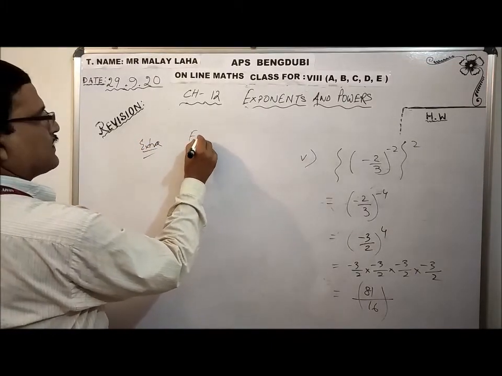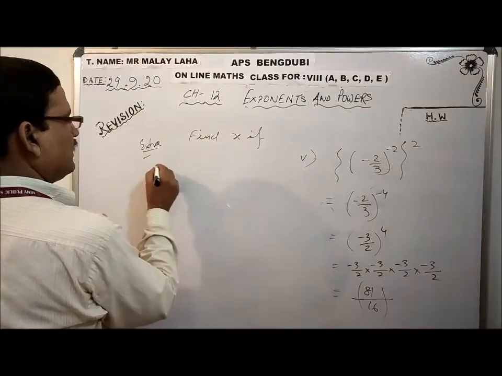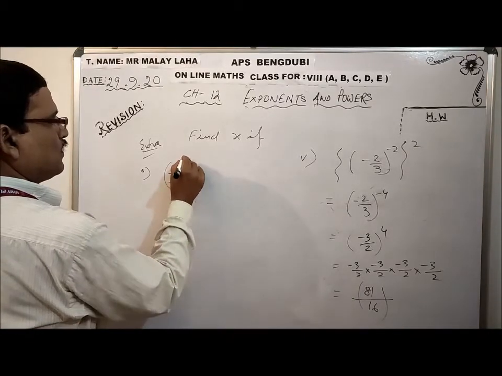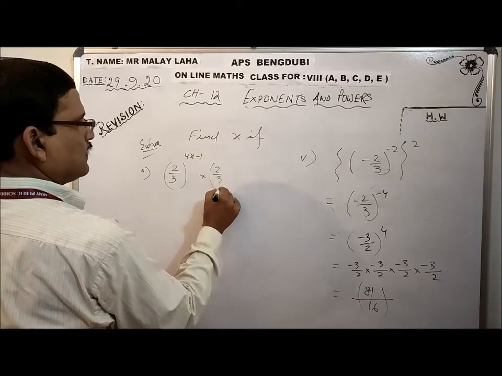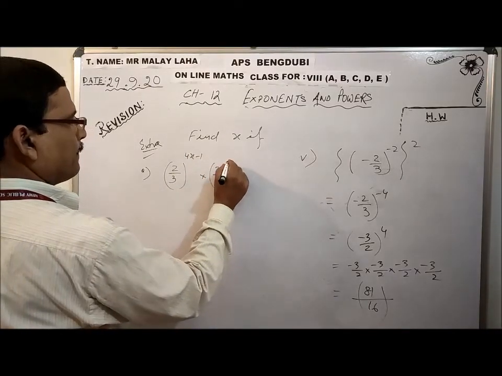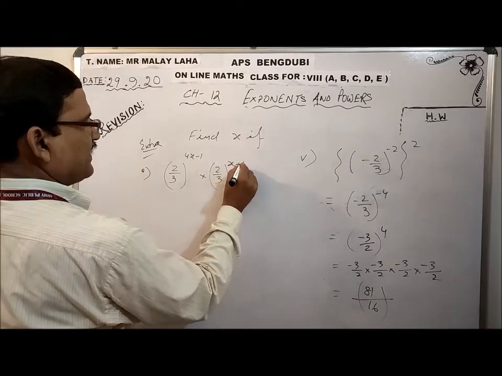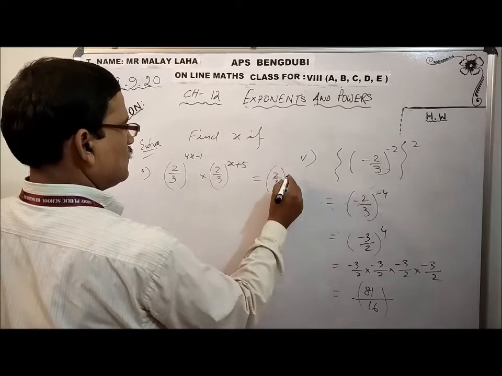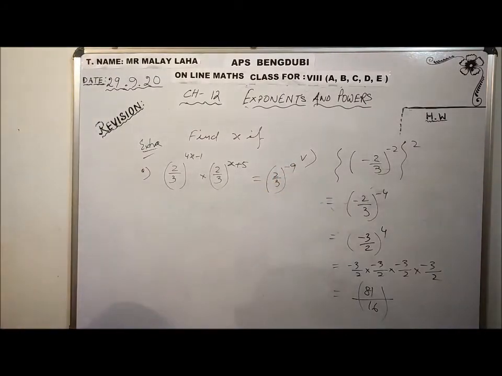Find x if (2 by 3) raised to 4x minus 1, into (2 by 3) raised to x plus 5, equals (2 by 3) raised to minus 9. How can I solve? Find x.